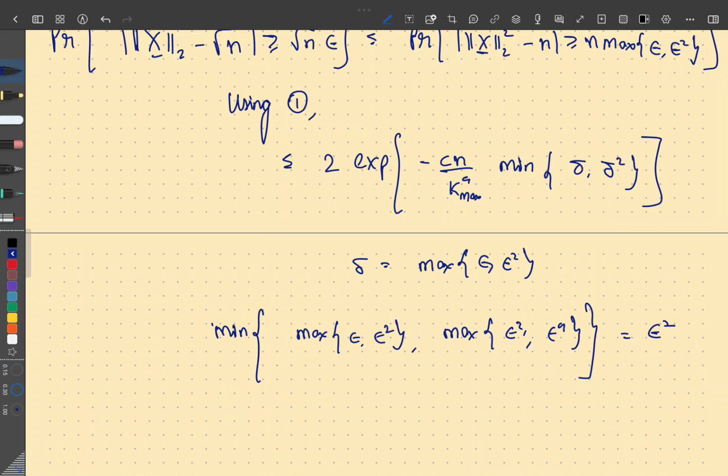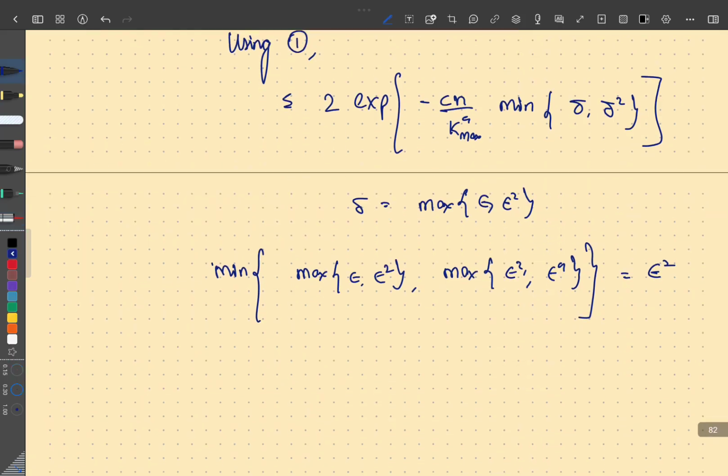Right? Because if epsilon is less than 1, then epsilon is greater than epsilon square is greater than epsilon power 4. So this is epsilon and this is epsilon square, and the smaller one is epsilon square, so it will be equal to epsilon square. If epsilon is greater than 1, then epsilon is less than epsilon square is less than epsilon power 4. So this is going to be epsilon square, this is going to be epsilon power 4, and the smaller one of those two is again epsilon square.